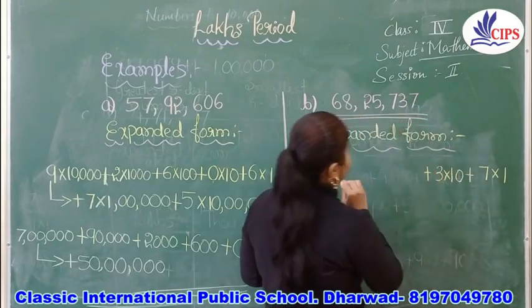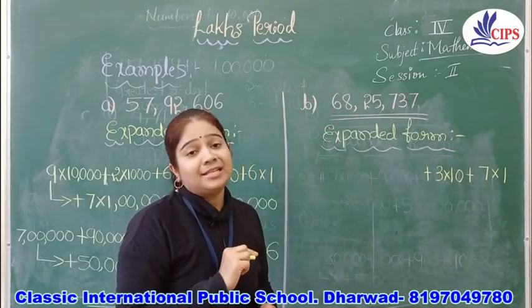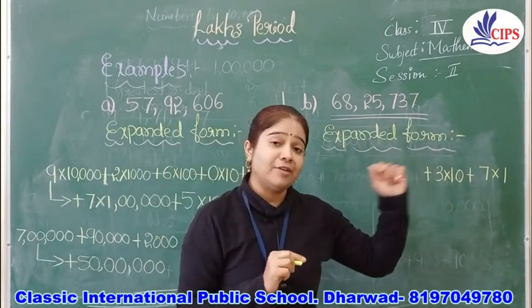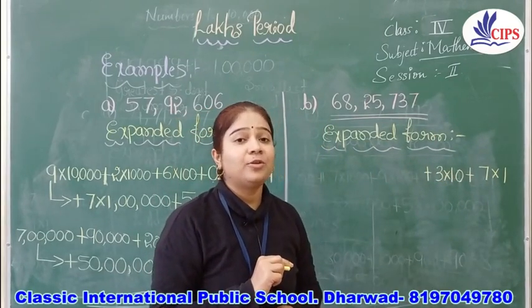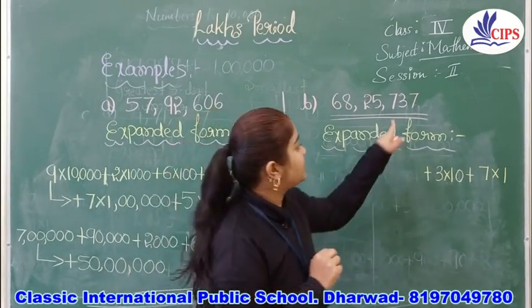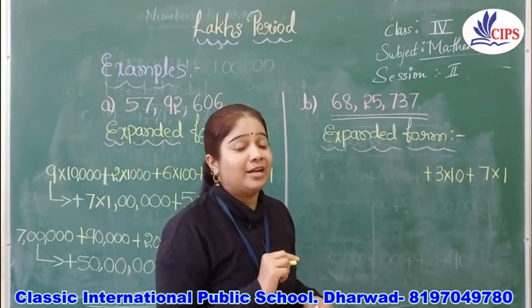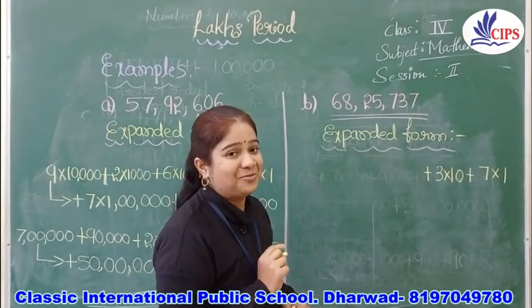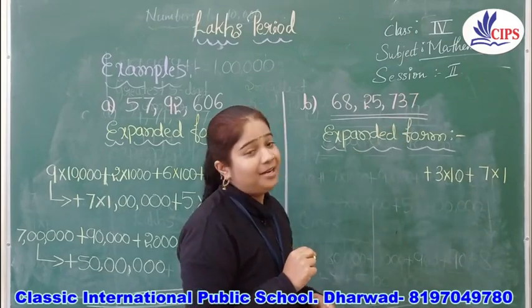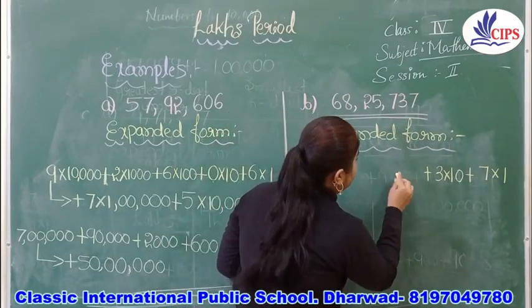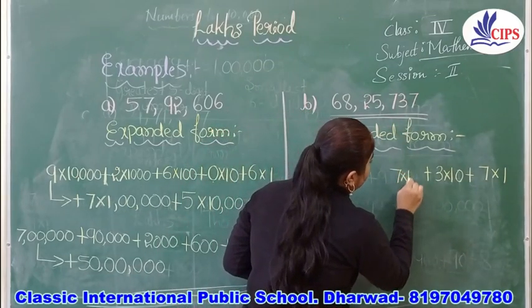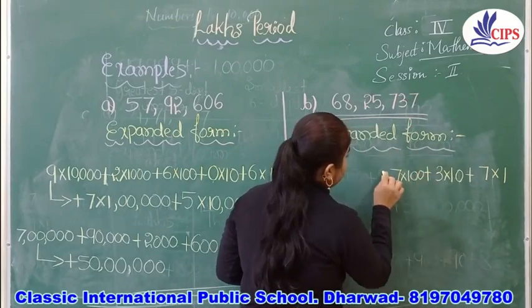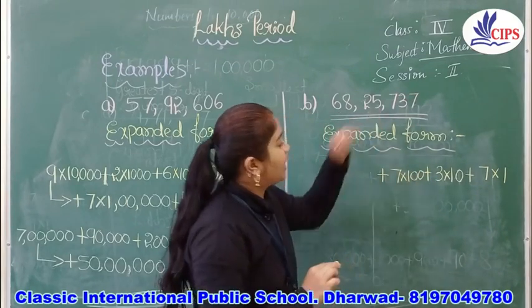Okay. Next. One more 7 is there. Again what do I have to write? Yes, it is 100. Yes, you are going in the correct way. It is in the 100 place value. So 7 into 100.